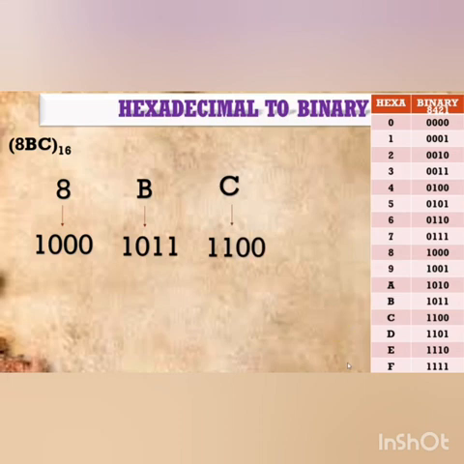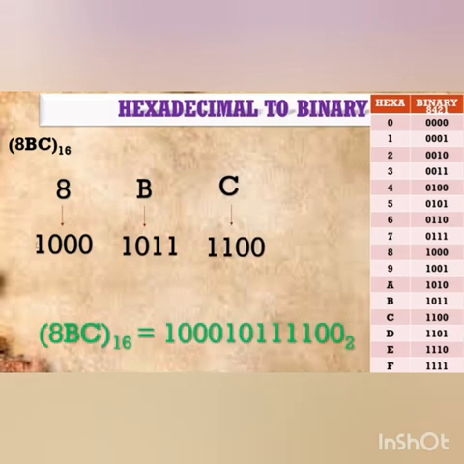Now we are going to make it a single group, that is 1000 1011 1100 base 2. So 8BC base 16, the binary value is 1000 1011 1100 base 2. This is how you have to convert hexadecimal to binary.